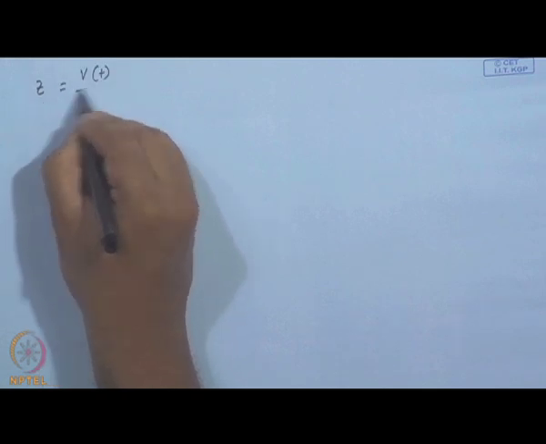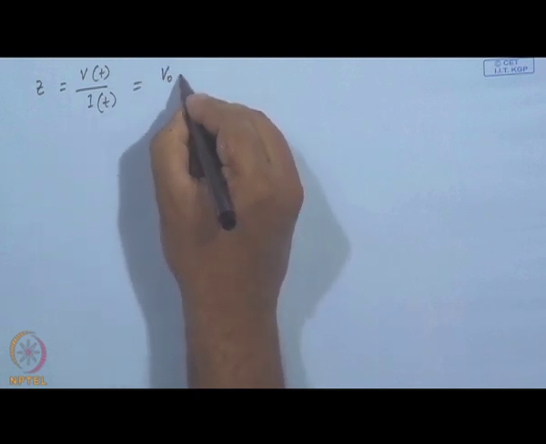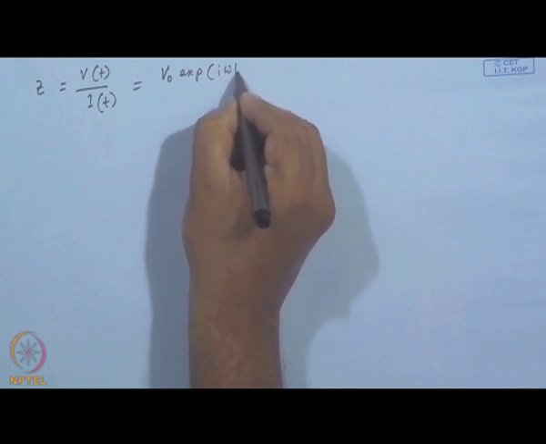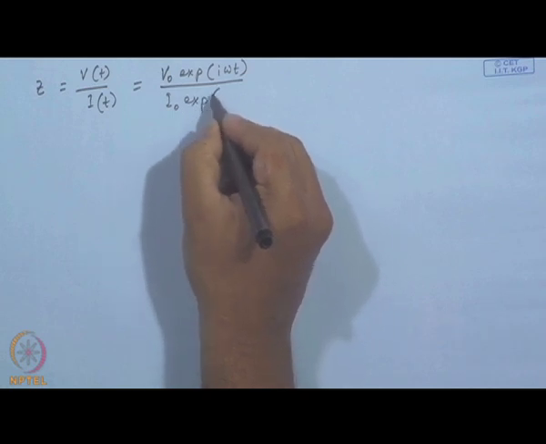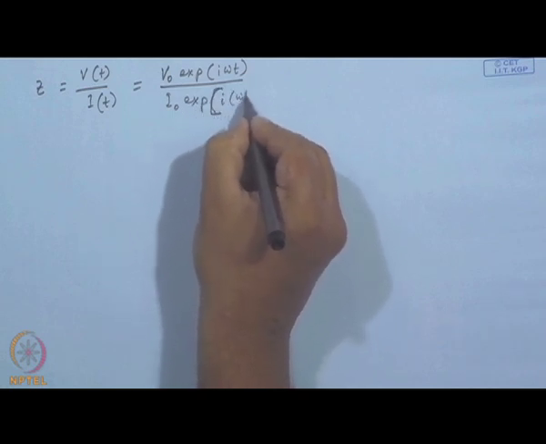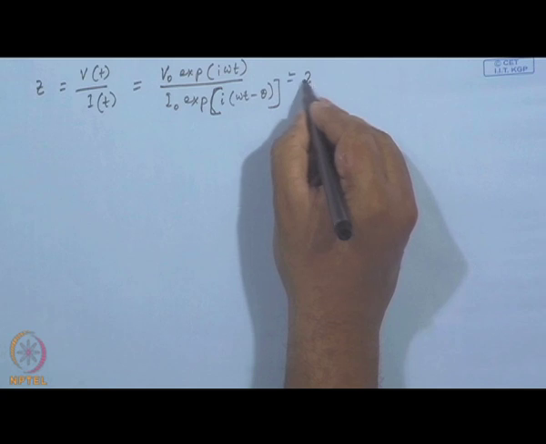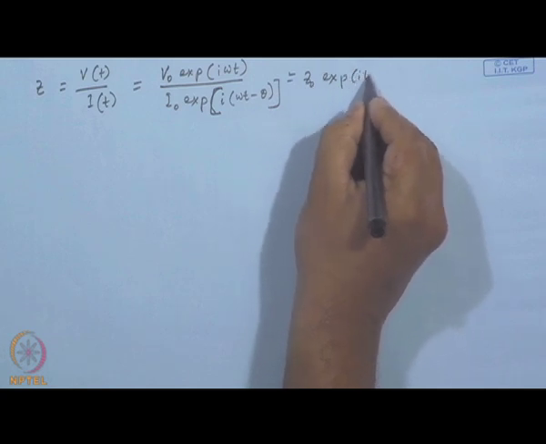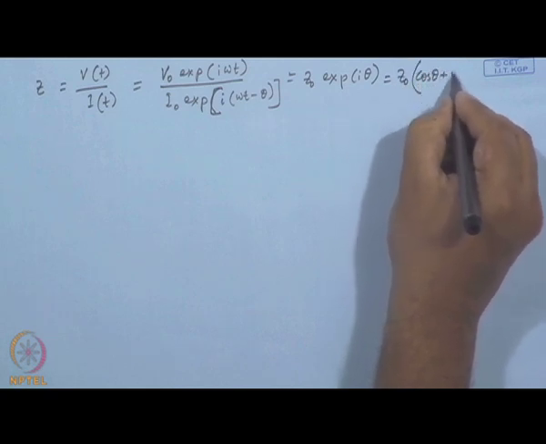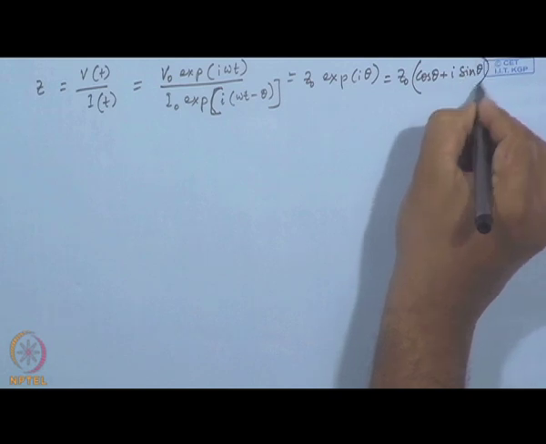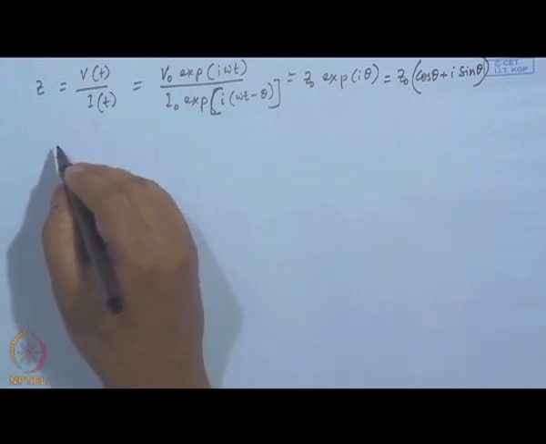V divided by I, and that is this quantity, which is in turn written as, so this has a real and imaginary part as always.